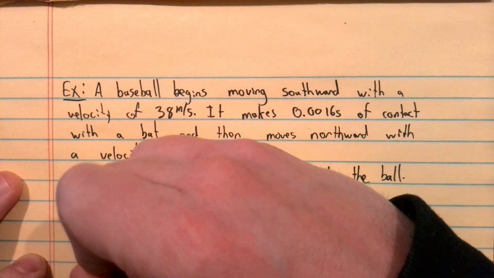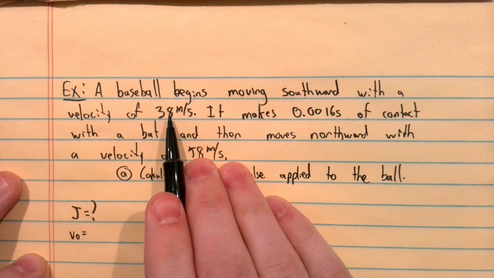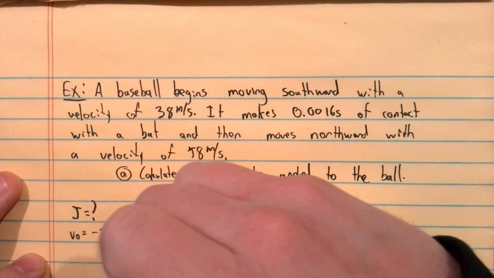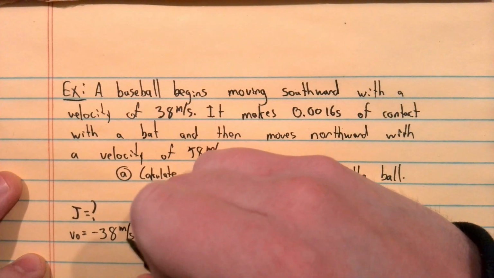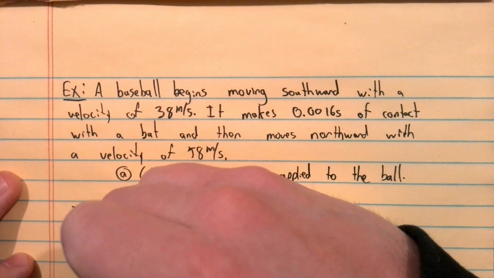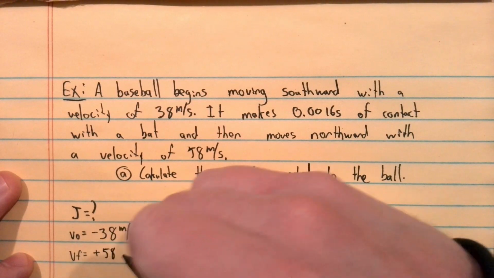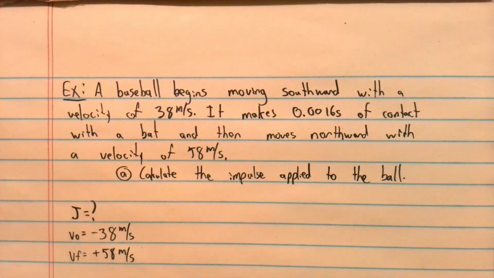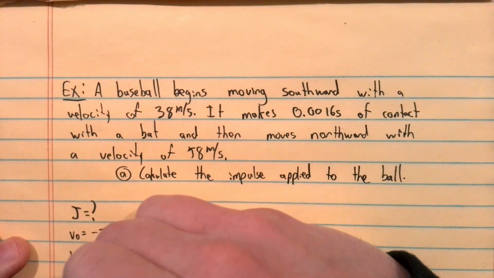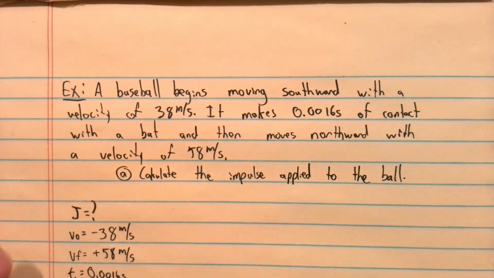They give us a velocity of 38 meters per second, but that's south. So it's negative 38 meters per second. We have a final velocity of positive 58 meters per second. And t is 0.0016 seconds.